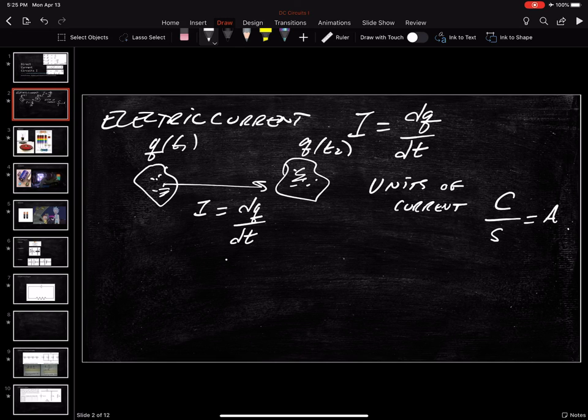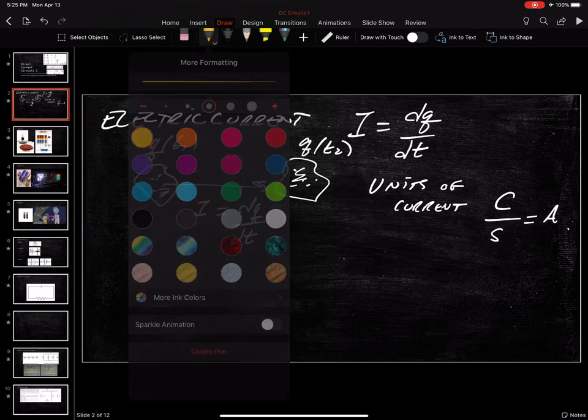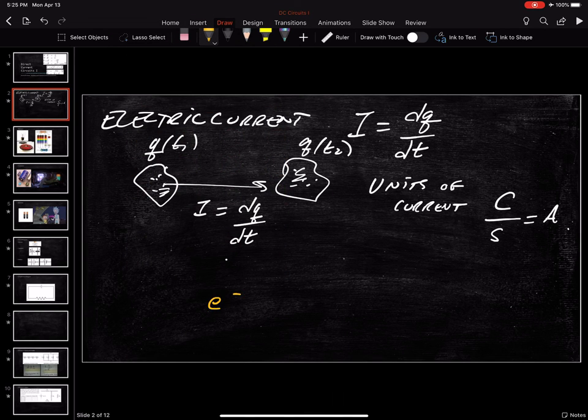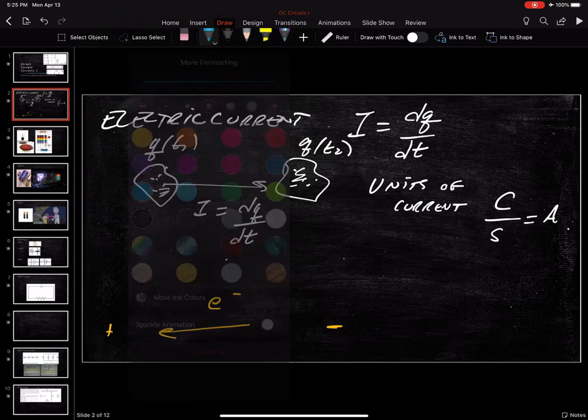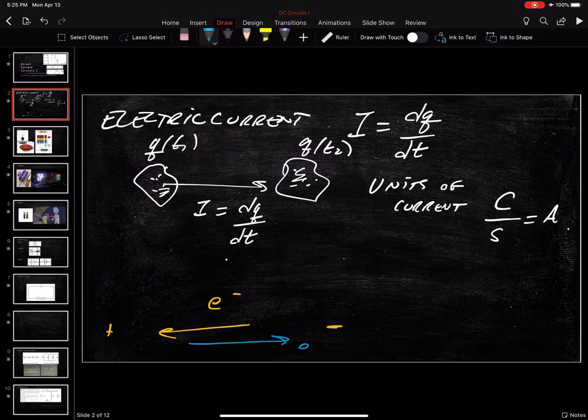And again, we said that the electric current is really electrons which are flowing, say, from the negative terminal of a battery to the positive terminal of a battery, but that was completely equivalent to imagining that there's positive electrons flowing from the positive terminal of a battery to the negative terminal of a battery.